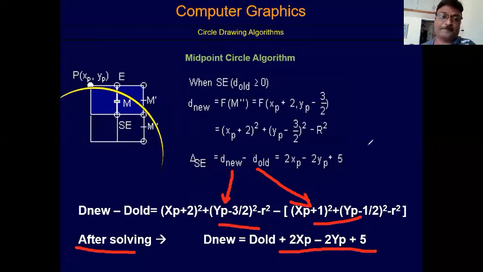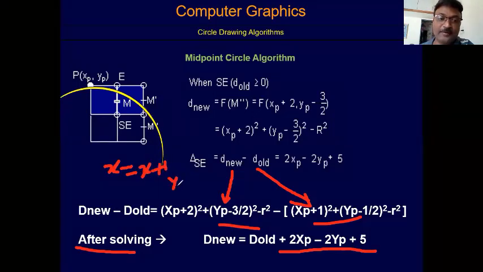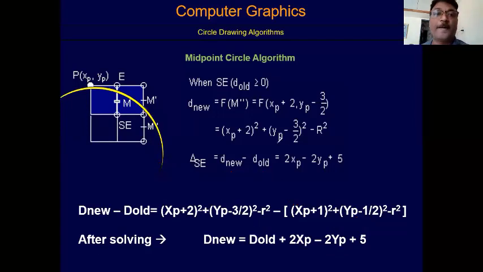So here you have to increment x by 1, that is x plus 1, and decrement y by 1. This is the way you can do the mathematical calculation of the midpoint circle drawing algorithm. But how can you write it in programming? Is there any question on these slides?